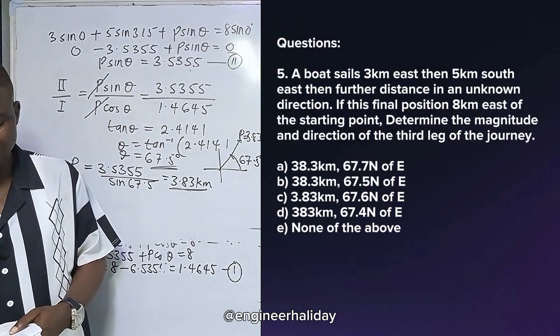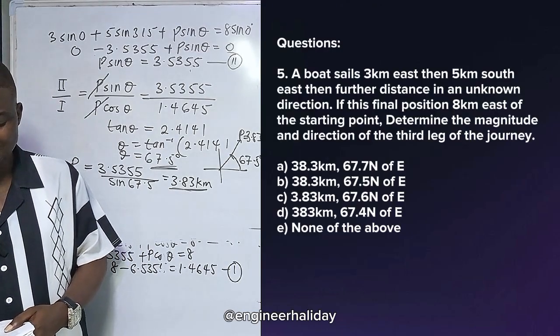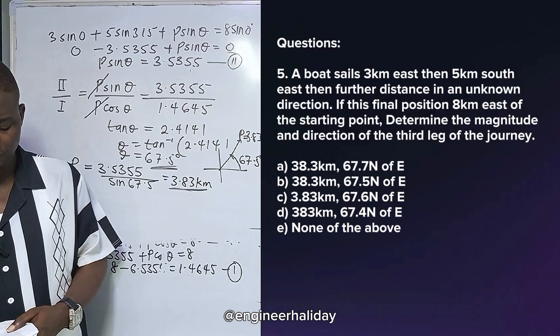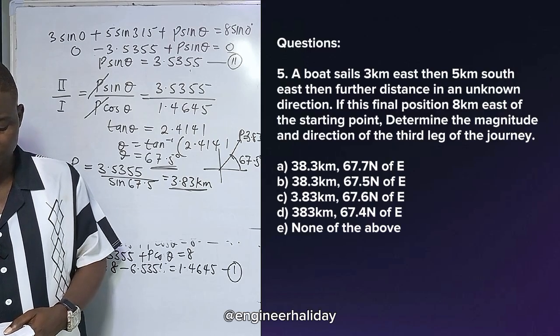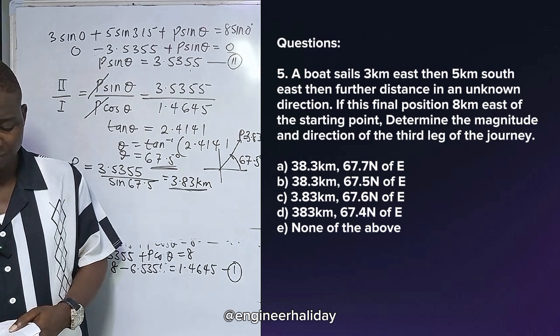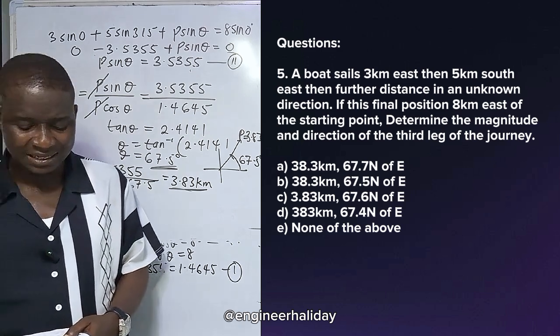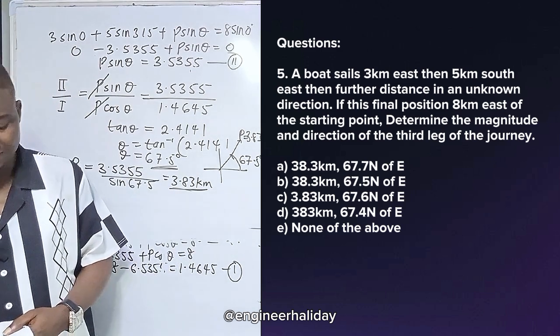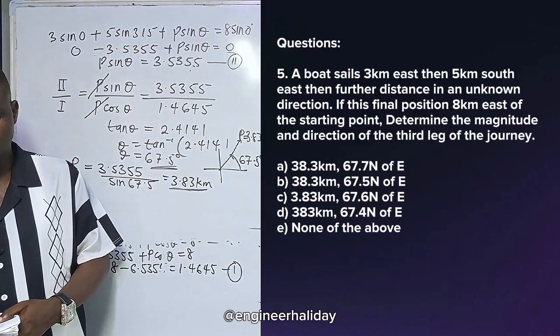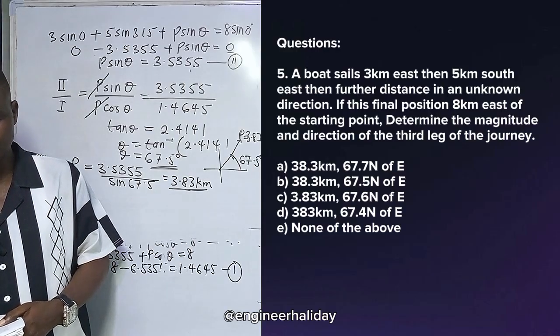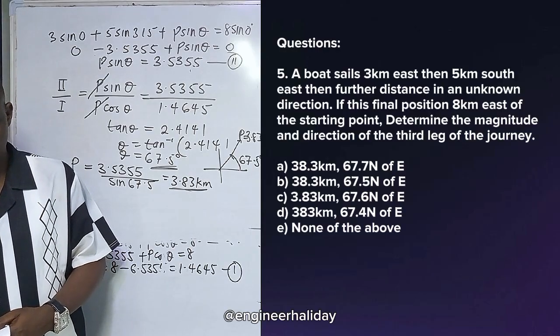C says 3.83 kilometer, 67.6 degree north of east. D says 383 kilometer, 67.4 degree north of east. E says none of the above.